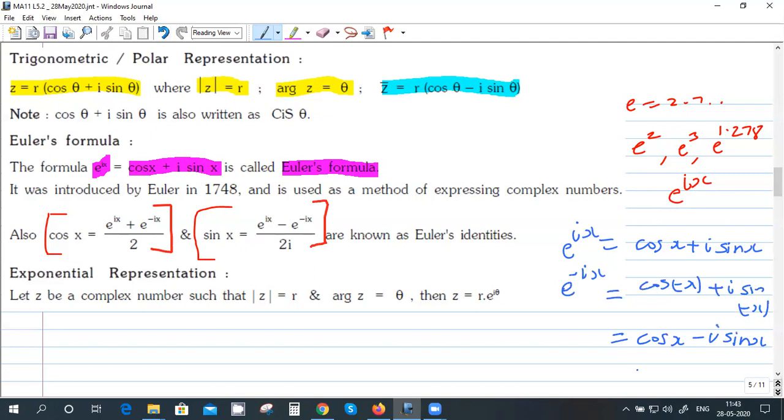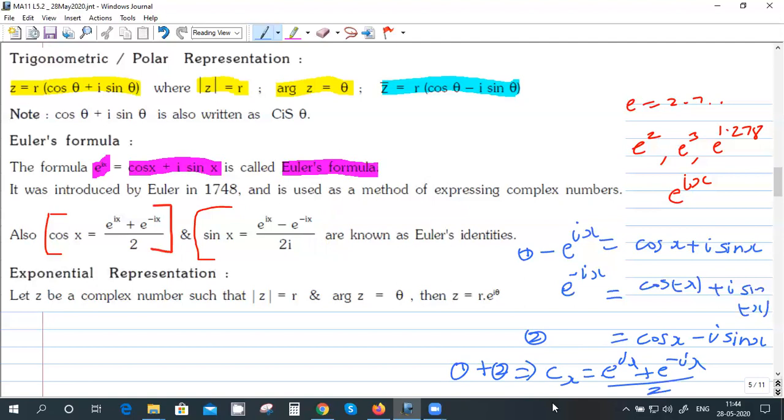So if we add these two, that will give me cos x as e raised to the power ix plus e raised to the power minus ix, divided by 2.